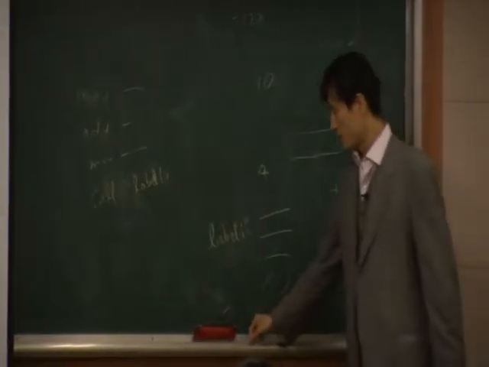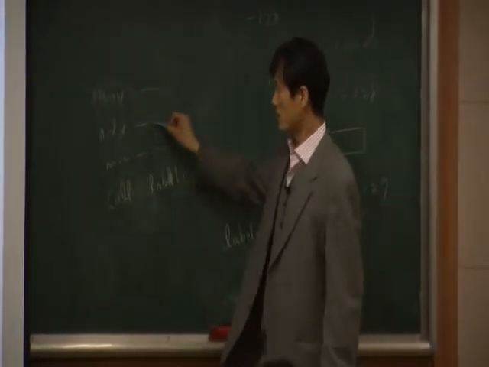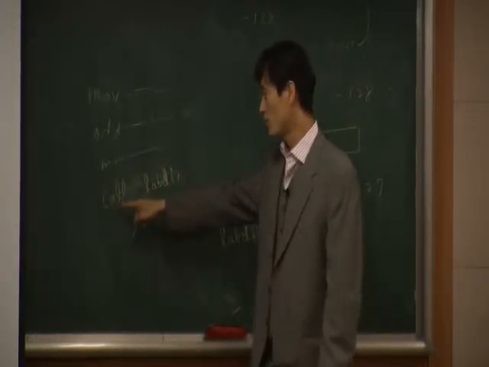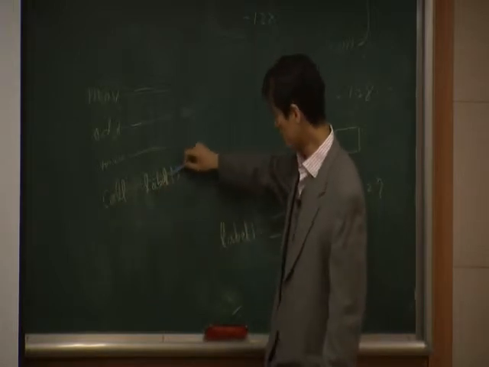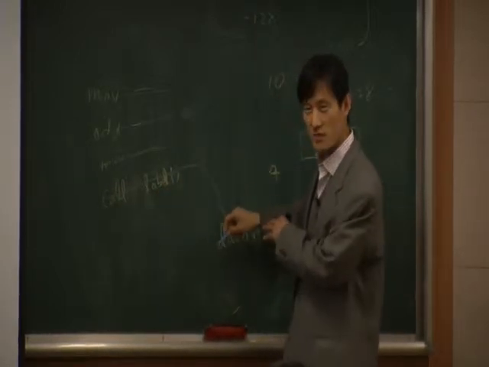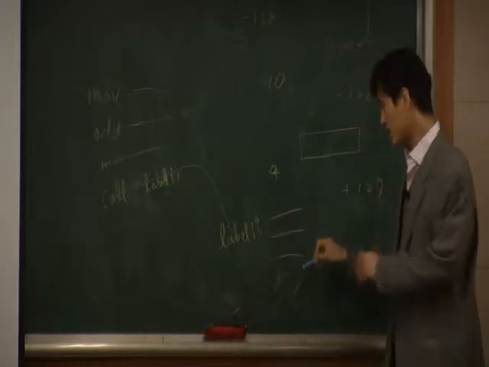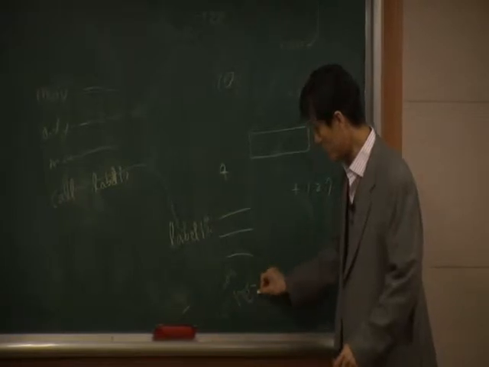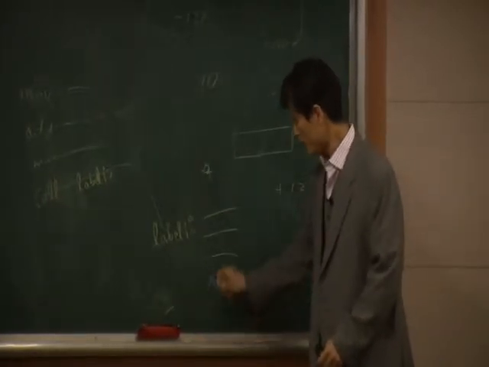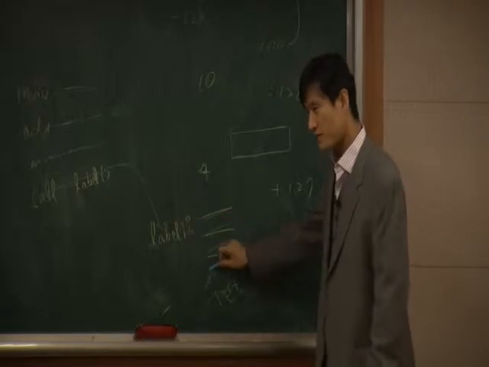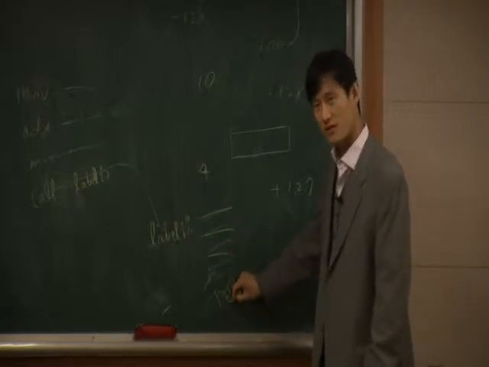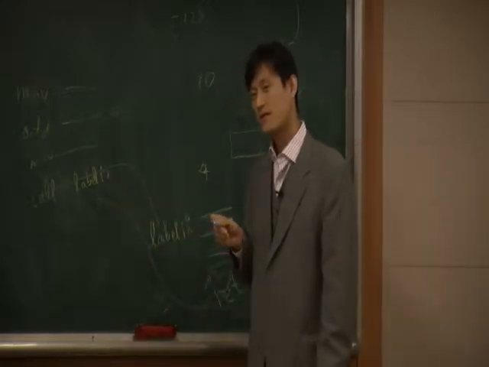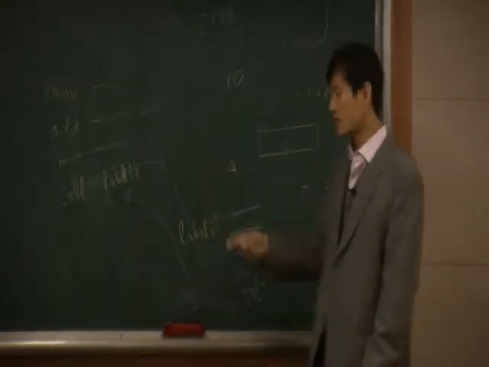In that case, we execute this one, and this one, and this one. And when you execute this one, this is a call instruction, call label 1. So suddenly you jump to label 1. So it's almost the same as jump. But in this case, at the end of your label function, you have return. So you execute line by line in here until you see return. And whenever you see return, you come back here. That's the difference. In jump instruction, there's no return.